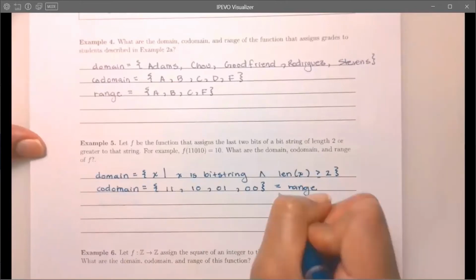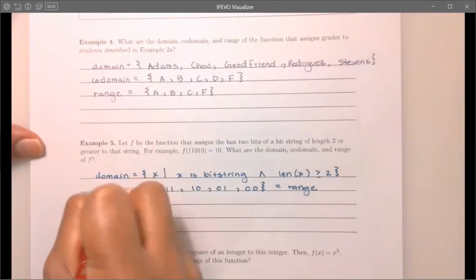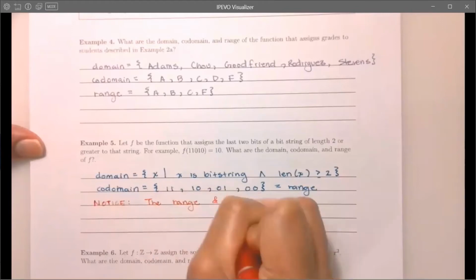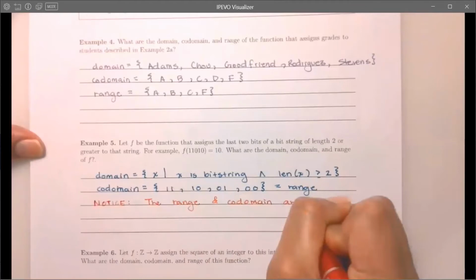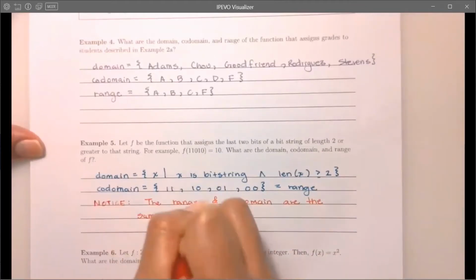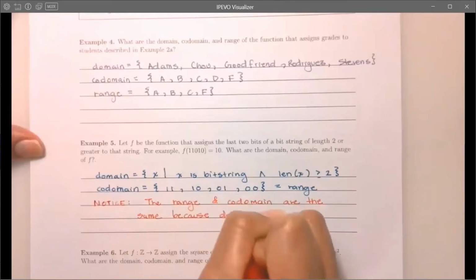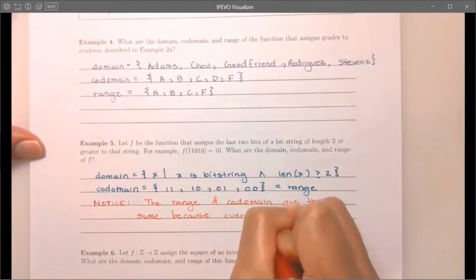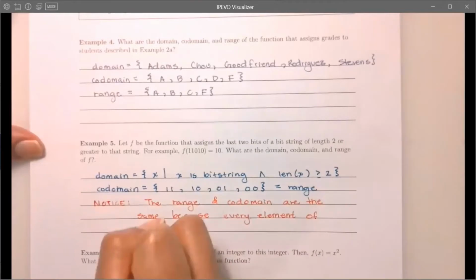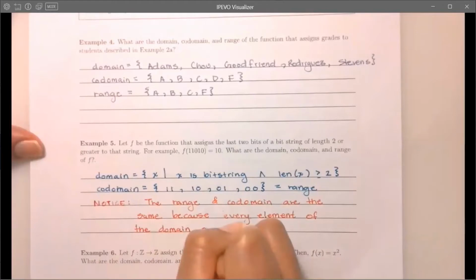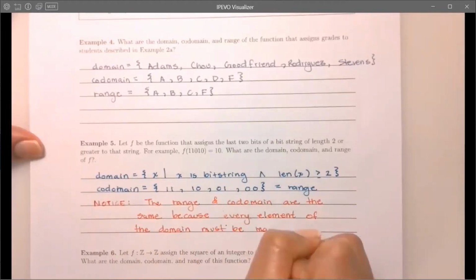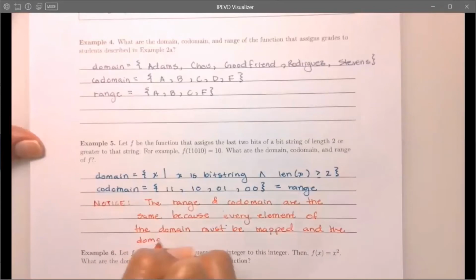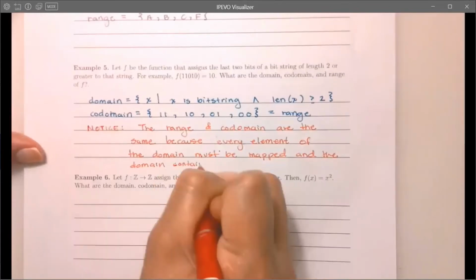I'll just write a little note here. Also notice the range and codomain are the same because every element of the domain has to be mapped, and the domain contains all possible bit strings of length 2 or greater.